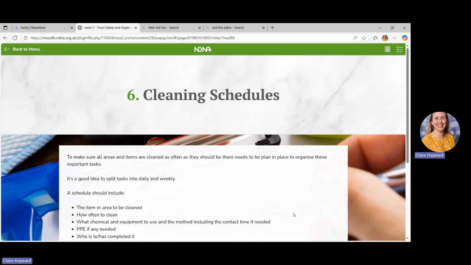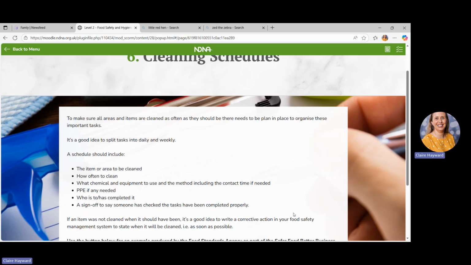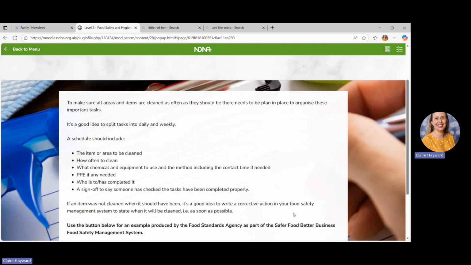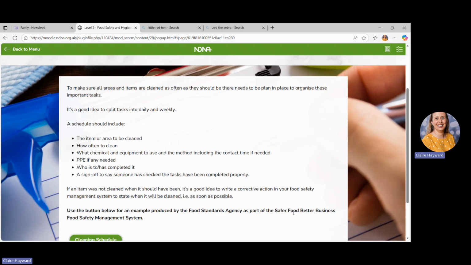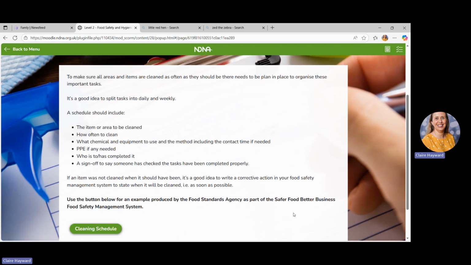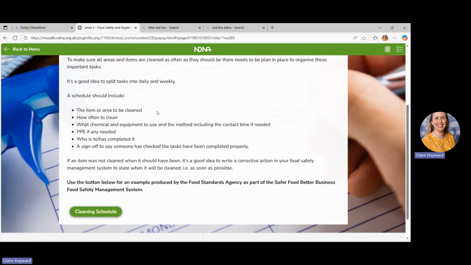Cleaning schedules. It's important to make sure that all areas and items are cleaned as often as they should be, as there needs to be a plan in place to organise these important tasks. It's a good idea to split the tasks into daily and weekly. A schedule should include the item or area that needs to be cleaned, how often to clean, what chemical and equipment to use, and the method including the contact time, PPE if needed, who is to clean and who has completed.